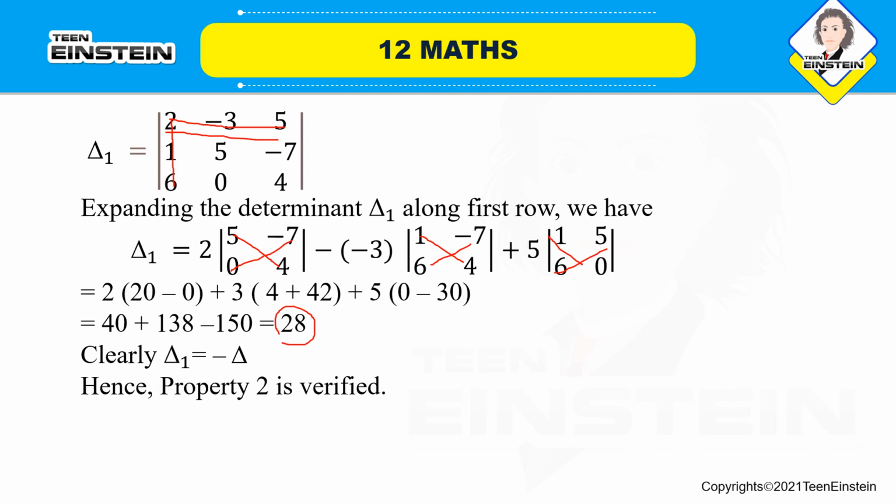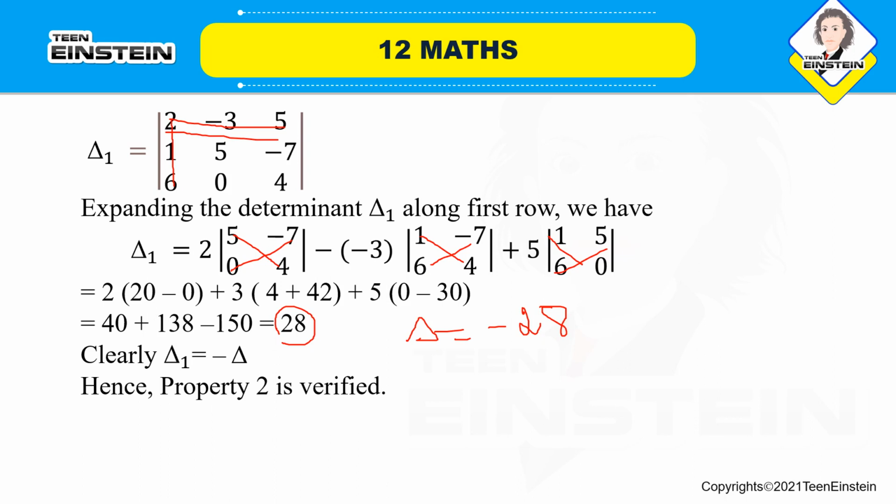On simplification we are getting the value 28, but what we got for delta is minus 28. Therefore delta 1 is equal to minus delta. So here property 2 is verified.